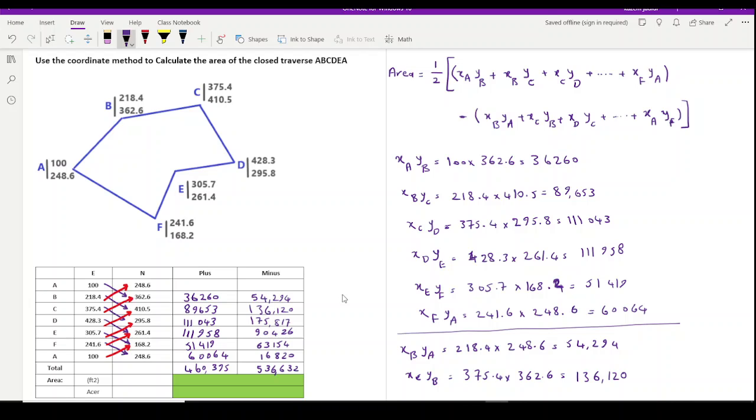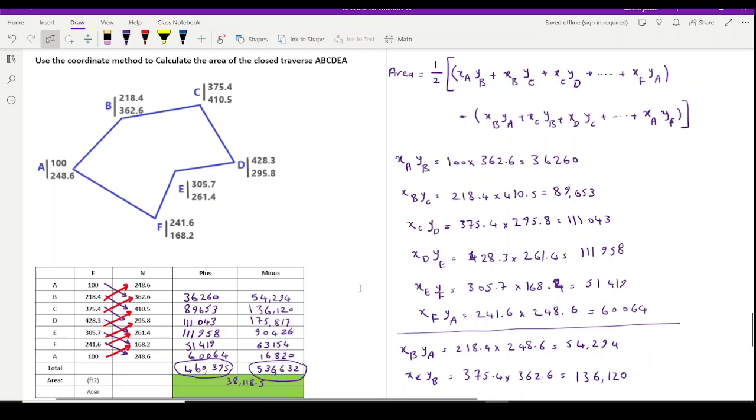536,632. Now the equation says plus minus minus divided by 2, so you need to subtract these two from each other and then divide the result by 2, and if you do so, you will get 38,118.5.